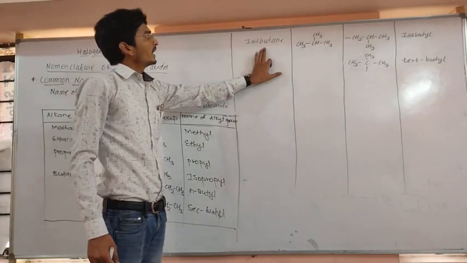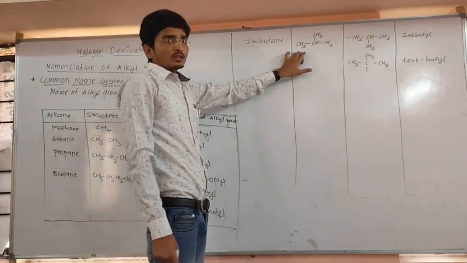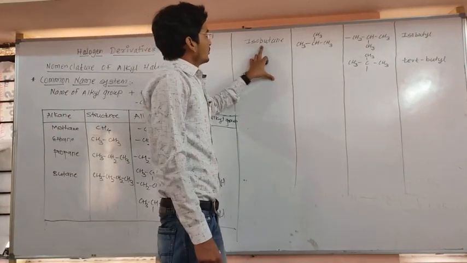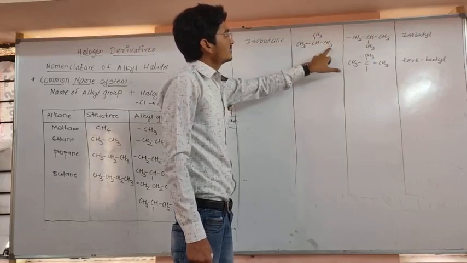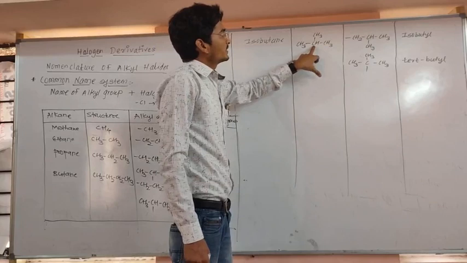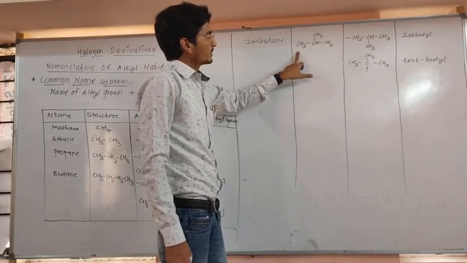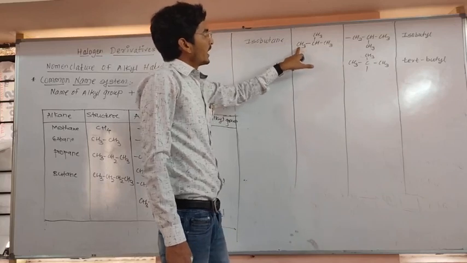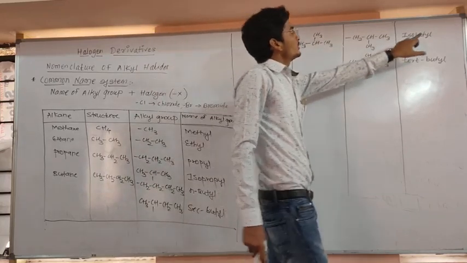Next, consider isobutane. This is the isomer of butane, that's why it is called isobutane. Isobutane has the structure CH3CH(CH3)CH3. This carbon is a tertiary carbon, and all the remaining carbons are primary carbons. If you remove a hydrogen from any primary carbon, you will get the isobutyl group.